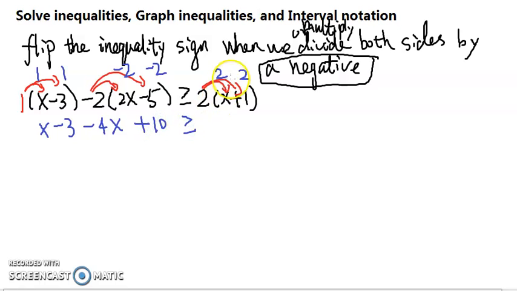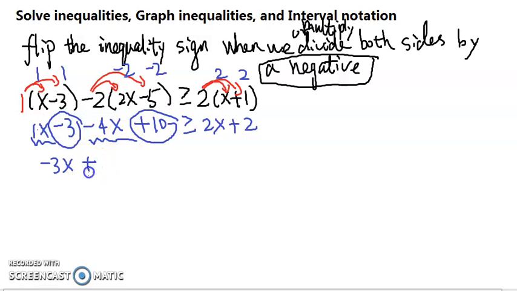It's greater than or equal to 2 times x, 2x, 2 times 1, positive 2. Now we're going to combine like terms. x is like 1x, so 1x minus 4x is negative 3x, because 1 minus 4 is negative 3. And negative 3 plus 10 gives us positive 7, greater than or equal to 2x plus 2.